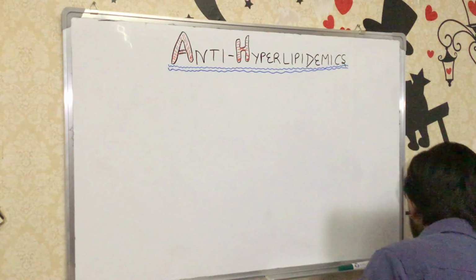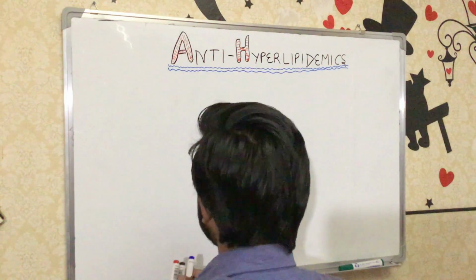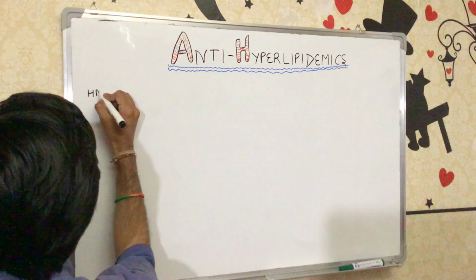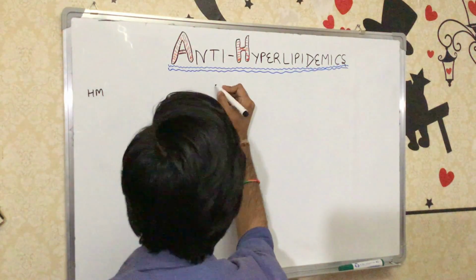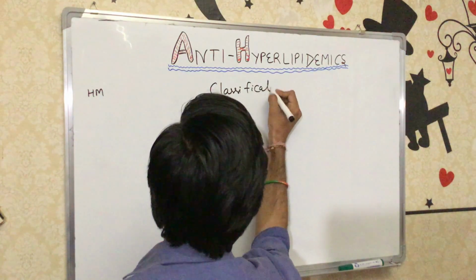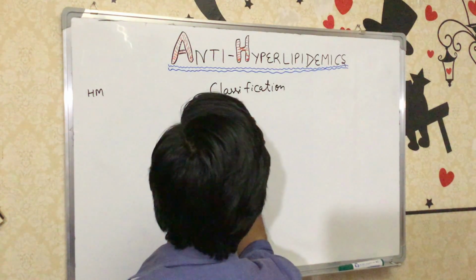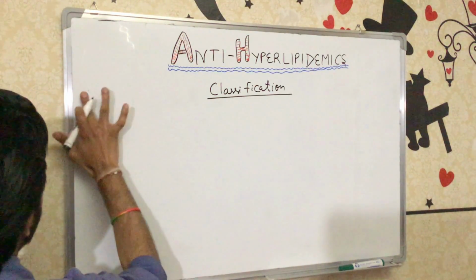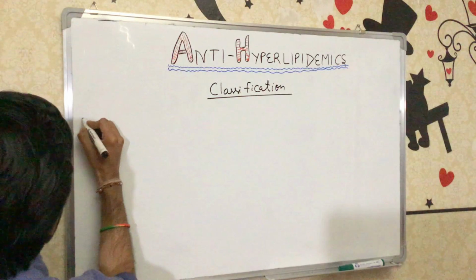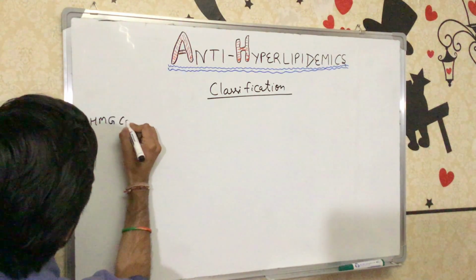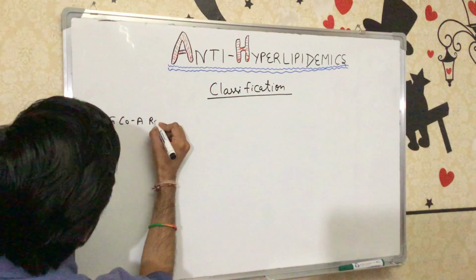Okay, so now we are talking about the classification, right? First of all, let's talk about the HMG coenzyme A reductase inhibitors.